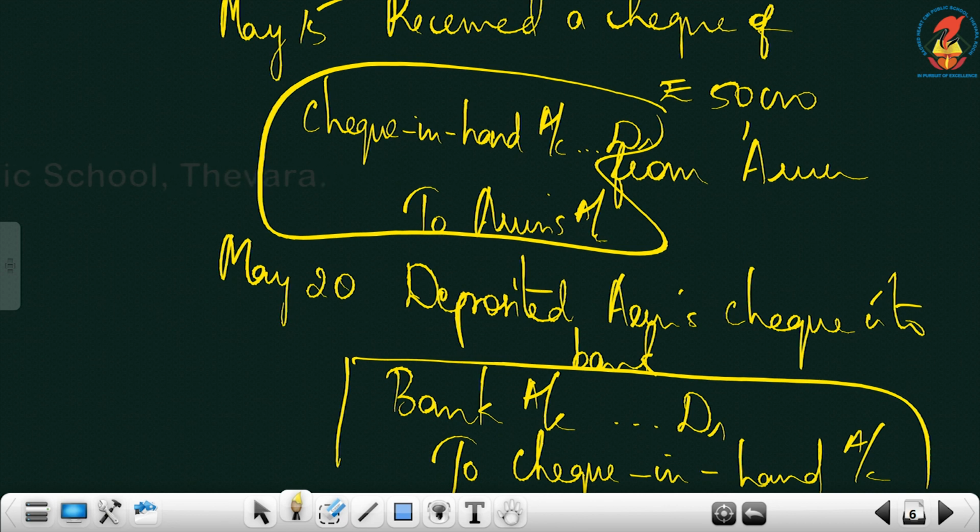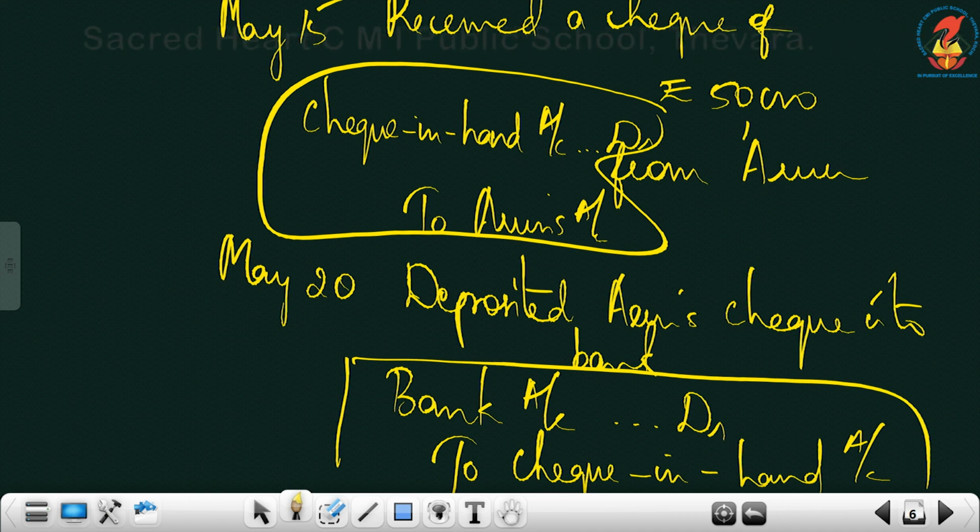Here also, you have cheque in hand debit, cheque in hand credit. That means that account will get credited. Finally, what is the entry you have? Bank account debtor to Arun. But directly we can't write that entry because the cheque was not deposited on the same day. So just include this particular topic in that chapter journal. Only this. Okay. And the chapter journal also is over.